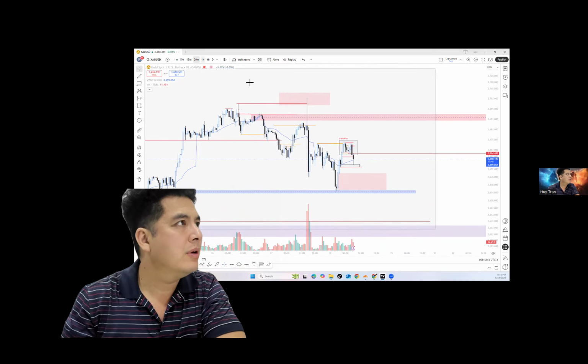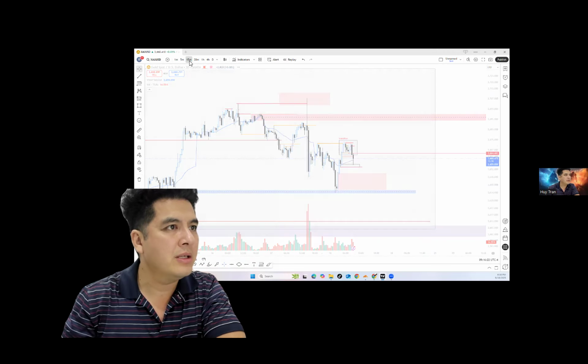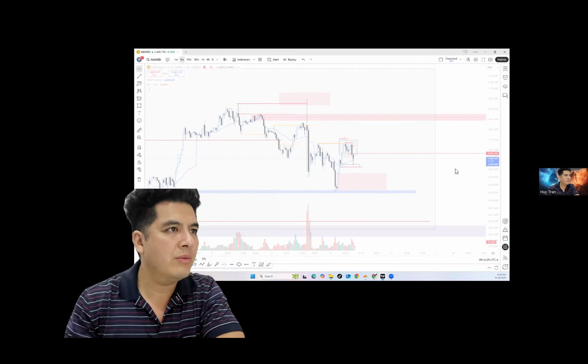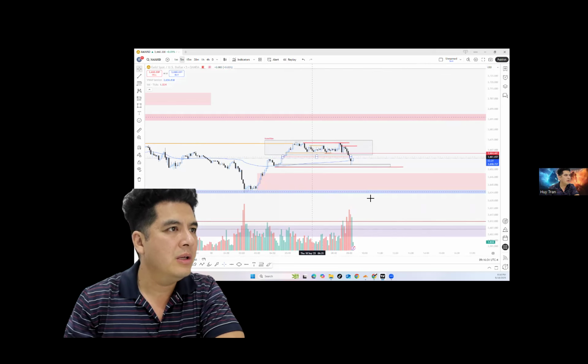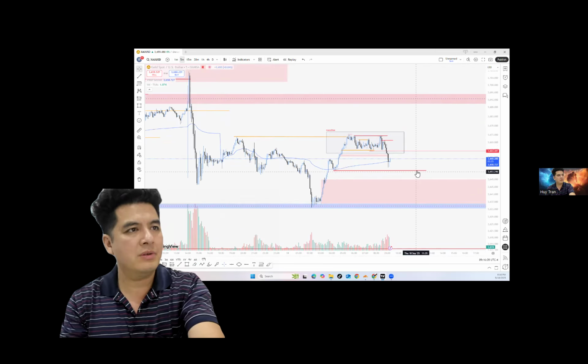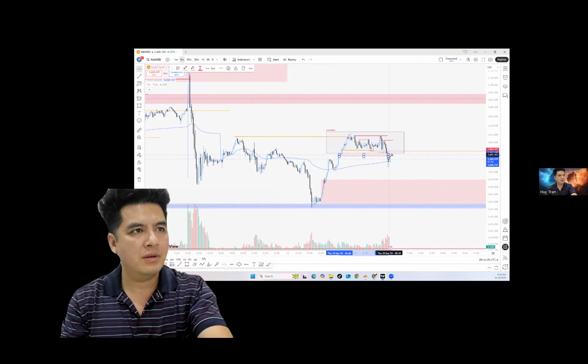However, when we get to this transition, and this is what the study of the range is, this happened during the London session. So we're trying to zoom in and see where price could have gone.